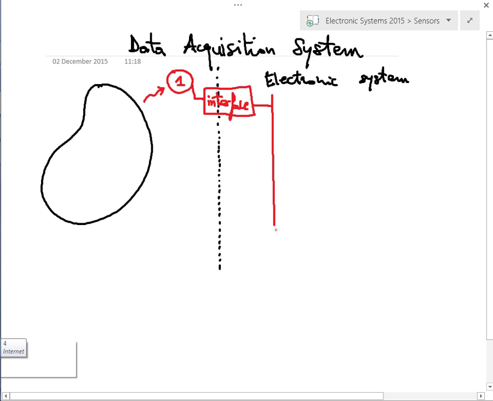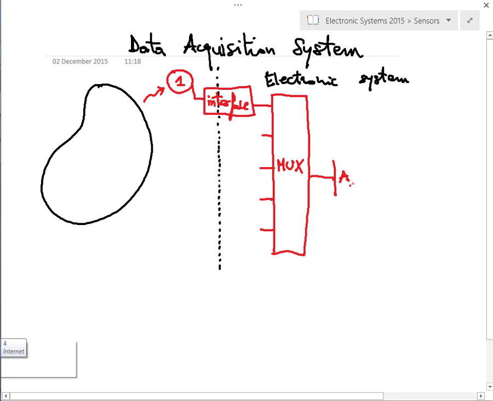Then the electronic system typically has on this part a subsystem which can deal with the information from many sensors. From the functional point of view, this would be a multiplexer, so that the different incoming data can be sent to the output in a time division multiplexing.